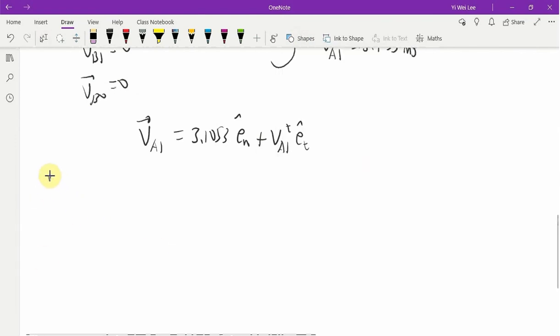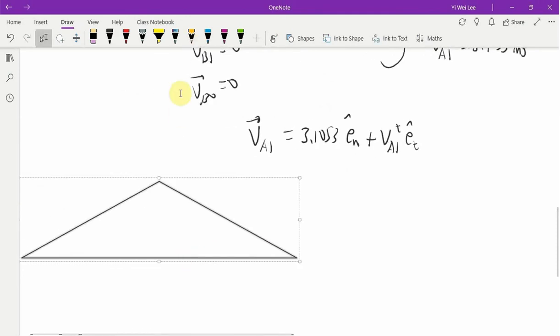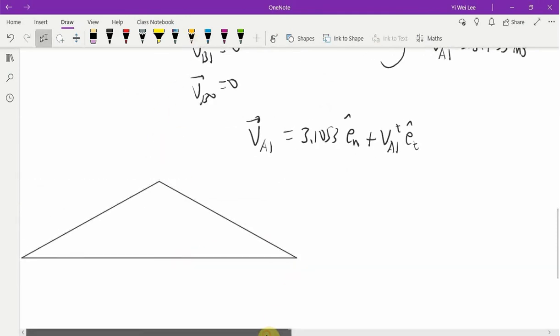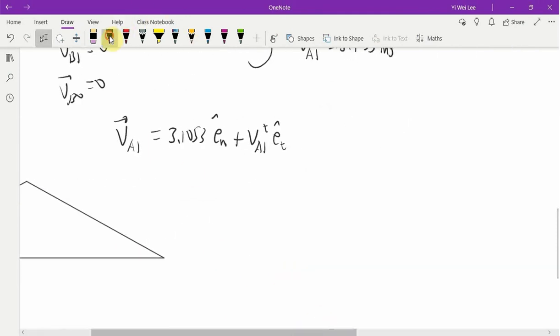Alright. So now ignore the other part of the shape. Let us only take note of this part here. So as we know, the particle actually bounces off this plane here.